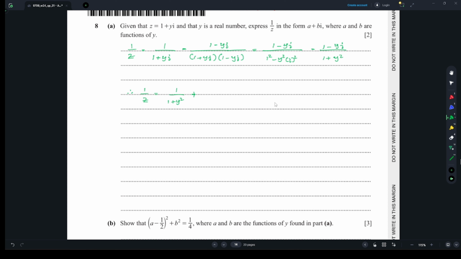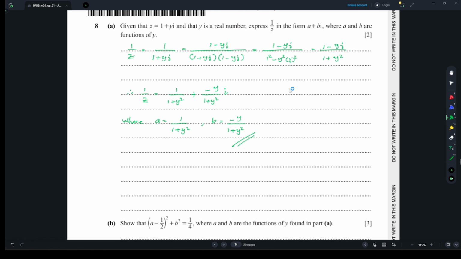So plus, then I can write minus y over 1 plus y squared i. So where a equals 1 over 1 plus y squared, and b equals minus y over 1 plus y squared.